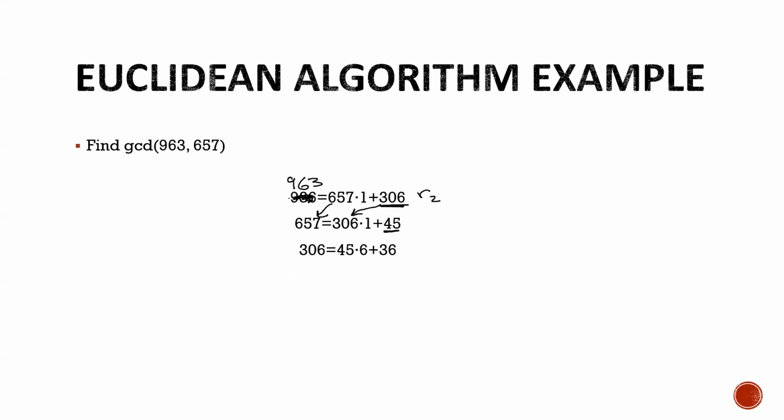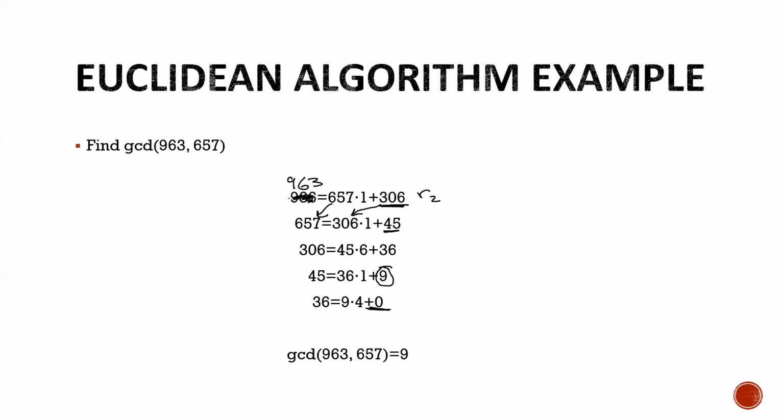Still not 0. Execute it again. 45 slides over. 36 times 1 plus 9. Still not 0. We do it one more time. And boom, we have a remainder that is 0, which actually means that 9 is the greatest common divisor of these particular numbers. So this is the process that we use to go through this over and over and over again. And this is the idea that you need to practice.